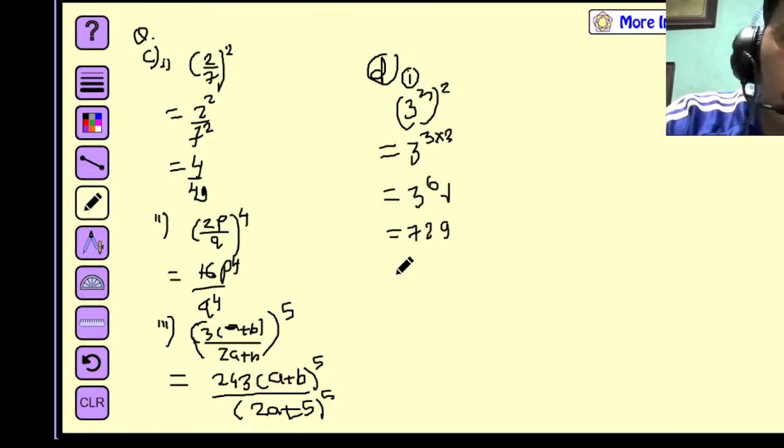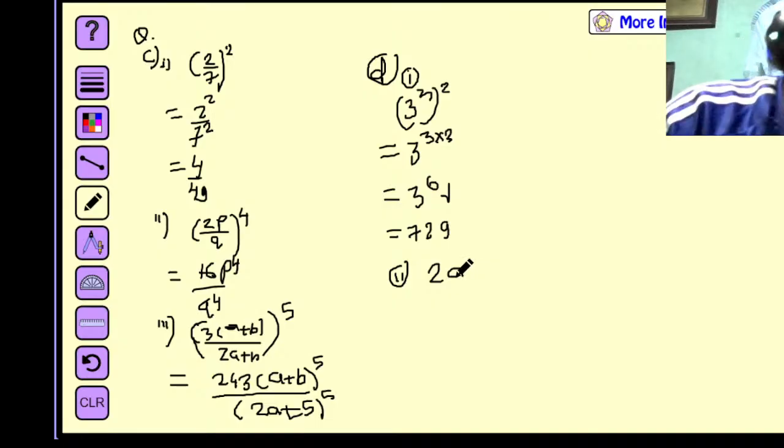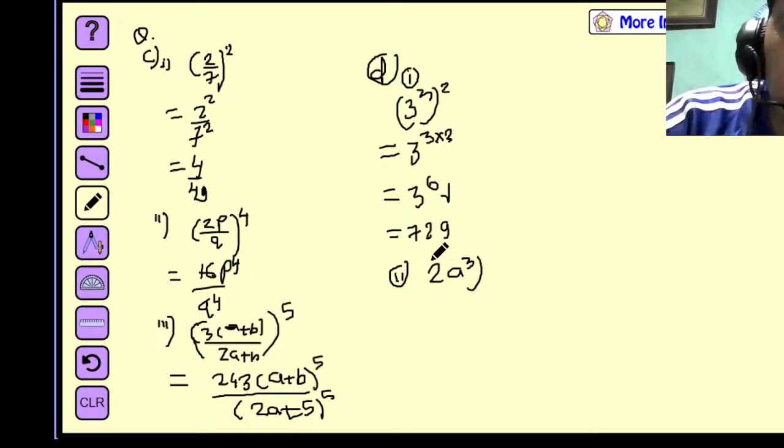Then suppose a question like this is asked, number two, I want to show you here: 2a cube, and its whole power 5 is given. In this case, how to solve this?